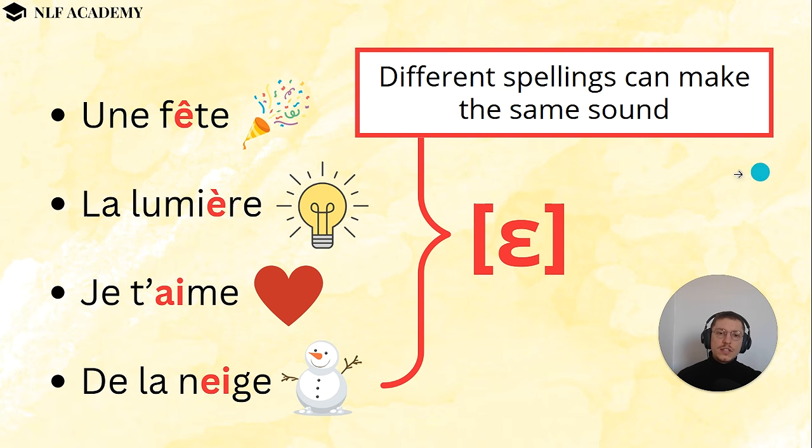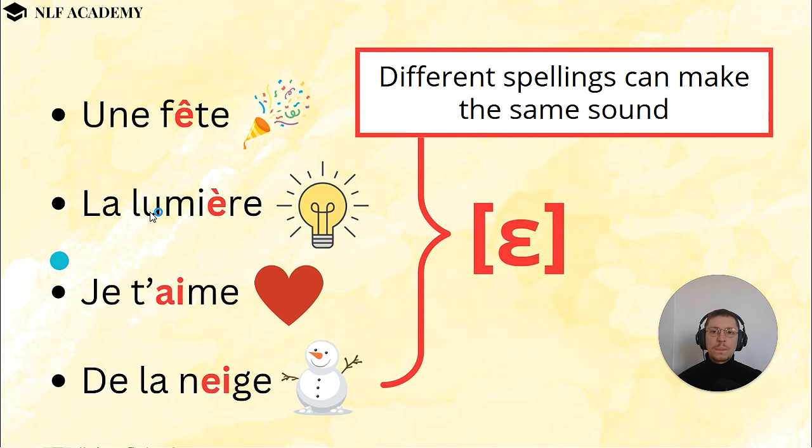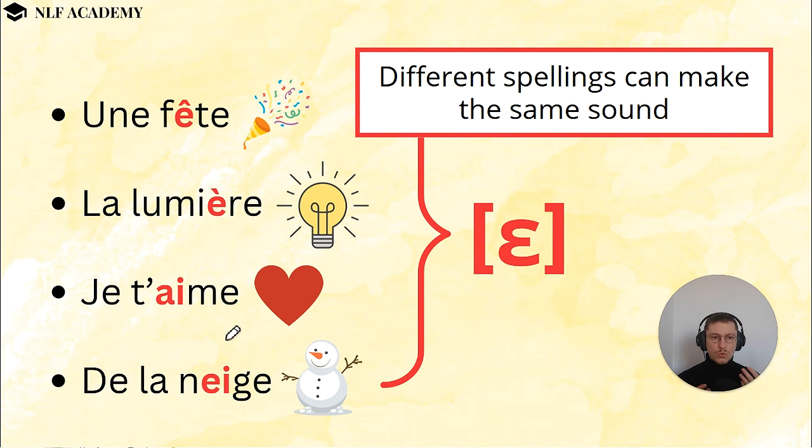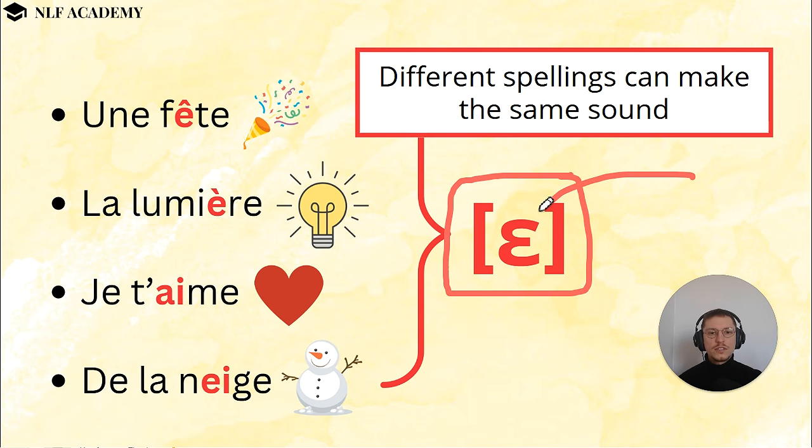This is why we need an alphabet of sound. This is why we need a phonetic alphabet. Because if I write the letter E or the letters AI or the letters EI, maybe I don't know how it's pronounced or what sound it's supposed to be in this word. But if I use a special drawing, then I can know that this drawing refers to the sound E.